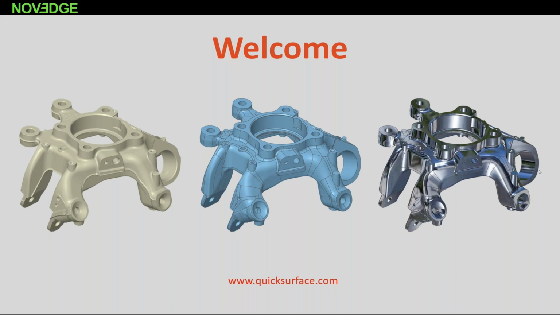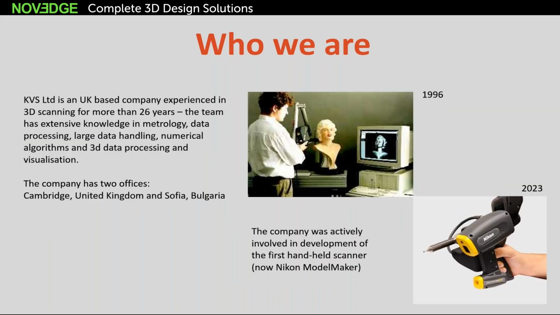Hello, everyone, and thank you for joining this webinar, where I'm excited to present what we have done in the last year. Because some of you may join this for the first time, I'd like to introduce ourselves and speak a little bit about our products. Like Barbara said, our company has more than 26 years of experience.